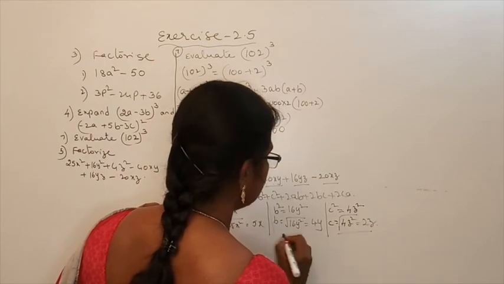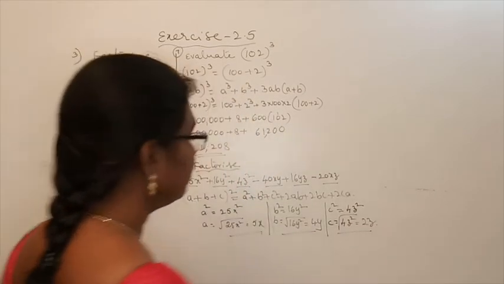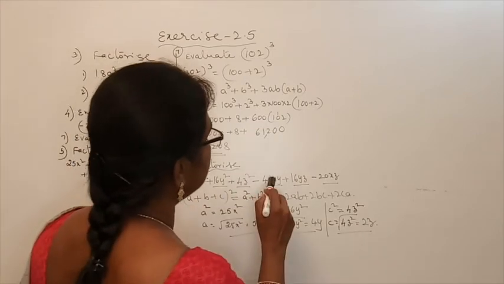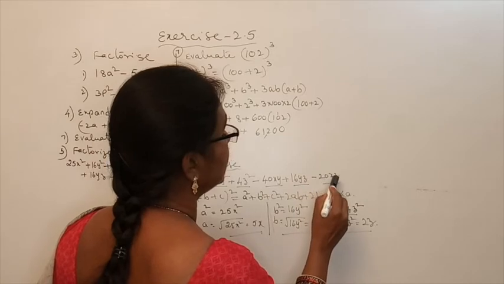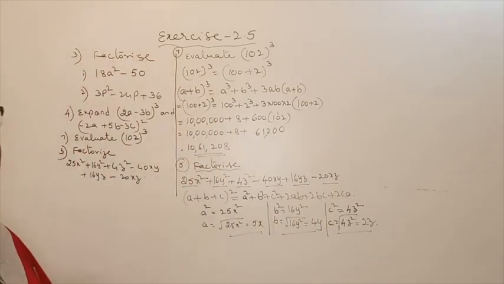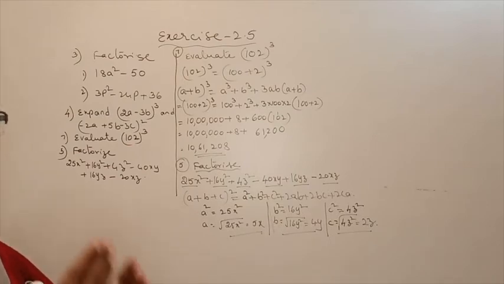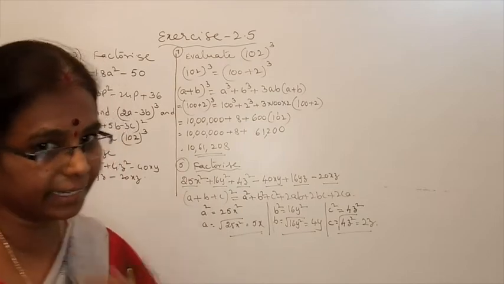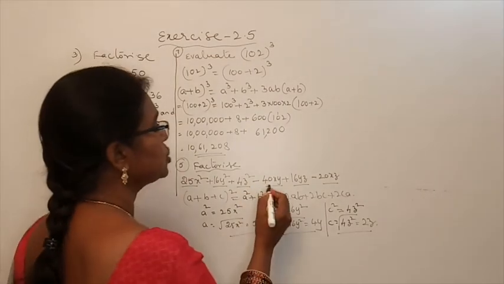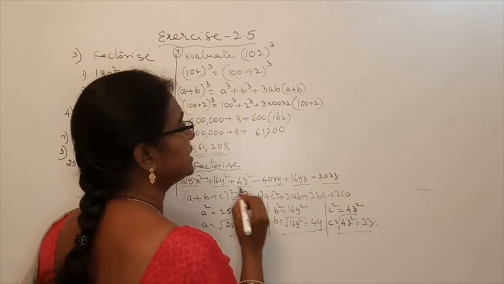Now we got a, b, c. But one thing here we have to observe. Here minus 40xy, minus 20xz. That means in this some values, it may be A, it may be B, it may be C, are negative. Which values are negative? Here, see, in these two negative terms, which is the common?